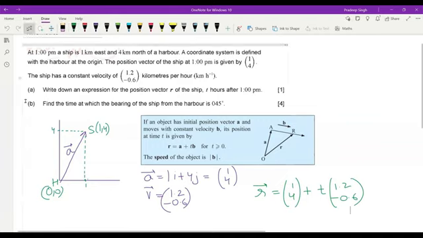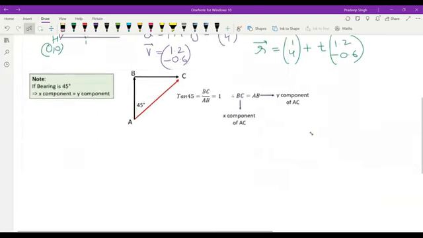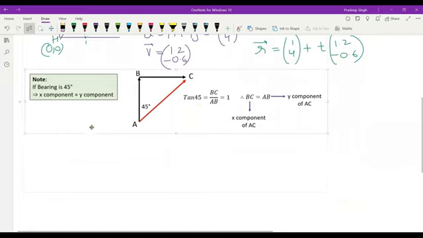Moving to part B. Find the time at which the bearing of the ship from the harbor is 45 degrees. So let us understand the concept of bearing when the angle is 45 degrees. So have a look. If the bearing is 45 degrees, that means the angle with the north is 45 degrees. Here, consider point B as the north.